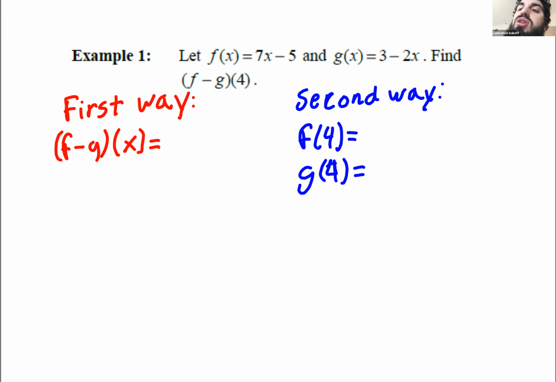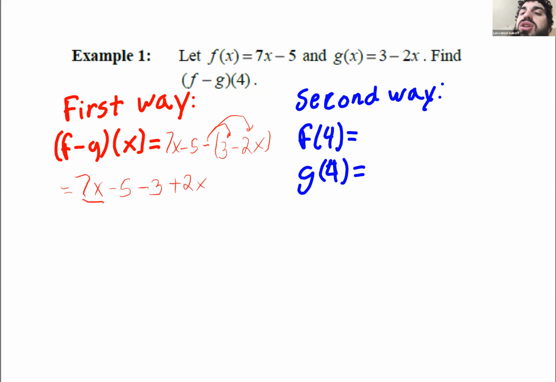So here with this, I'm going to do 7x minus 5 minus the quantity 3 minus 2x. Distribute the negative, and we'll get 7x minus 5 minus 3 plus 2x.